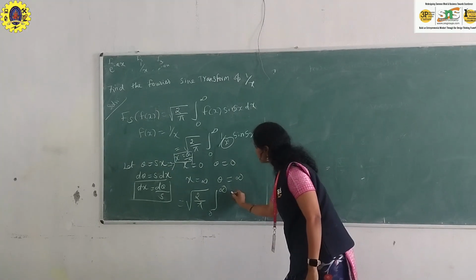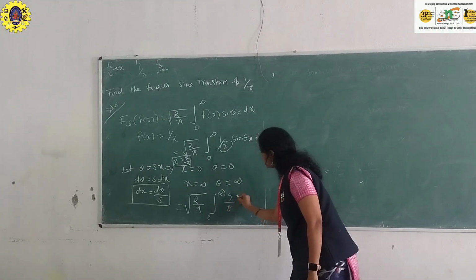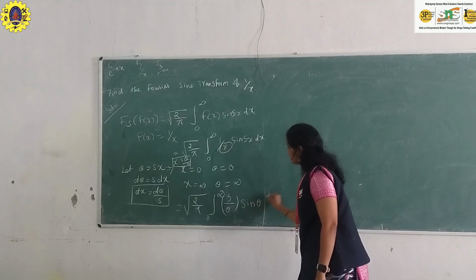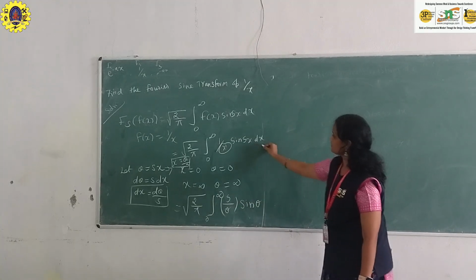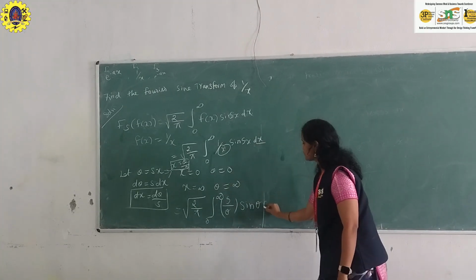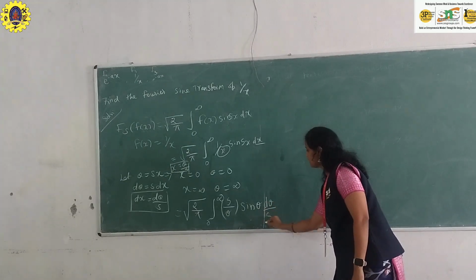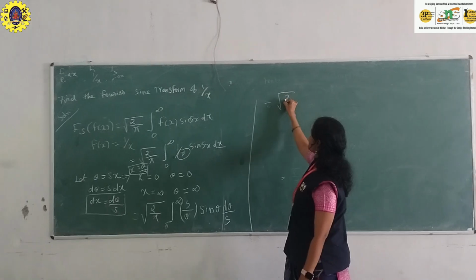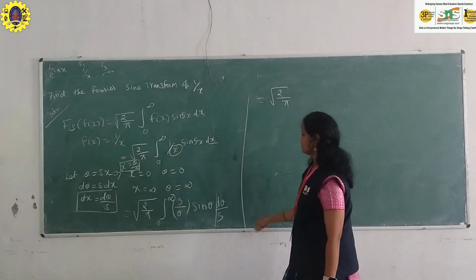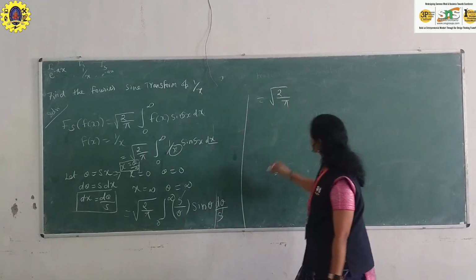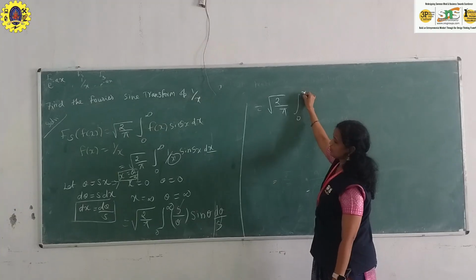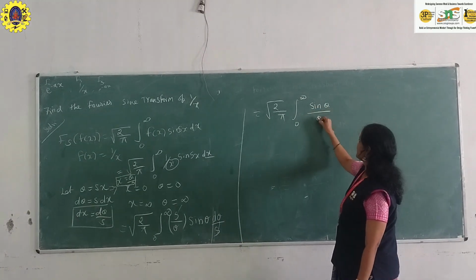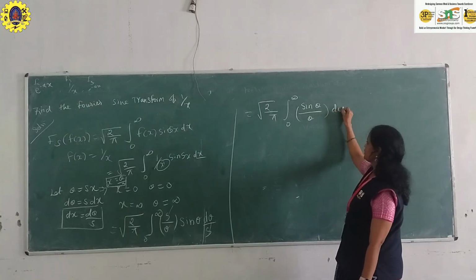So we will have s divided by theta and sine sx is nothing but theta, and instead of dx, substitute d theta divided by s. So finally we will have root 2 divided by pi. Here s will cancel. Integral 0 to infinity sin theta divided by theta into d theta.